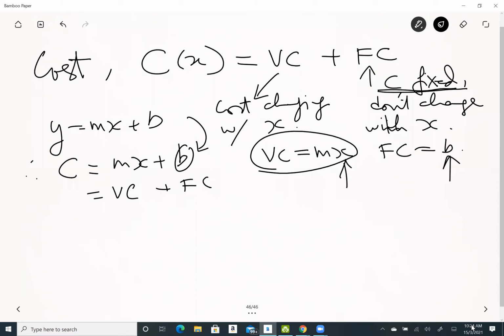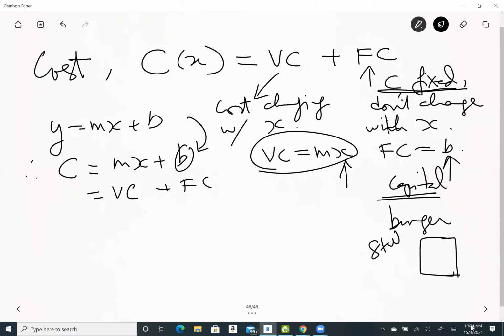Now, normally the fixed cost is the cost of capital. Let's say you are producing burgers, street burgers. That capital is your stall, which consists of the kitchen, anything that is used to cook.